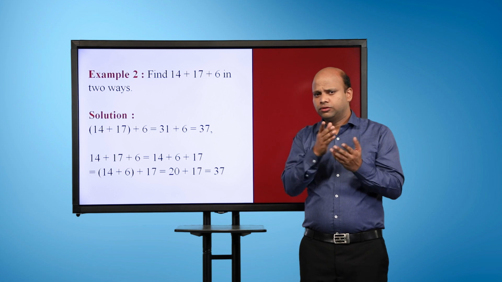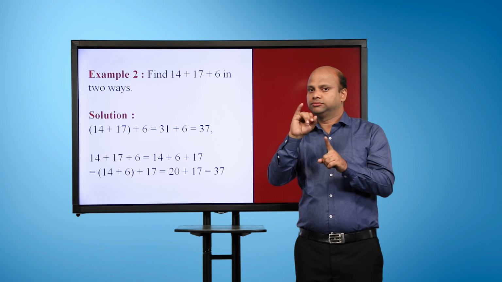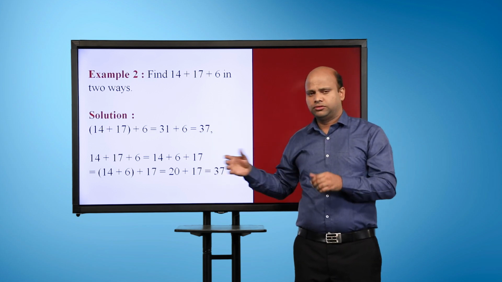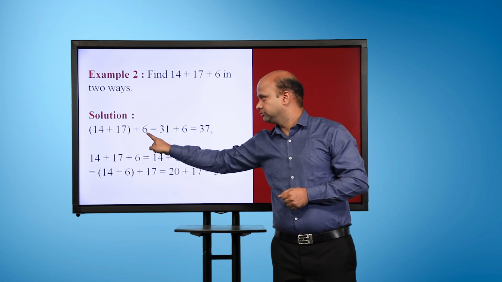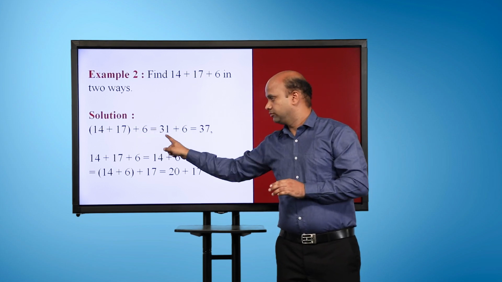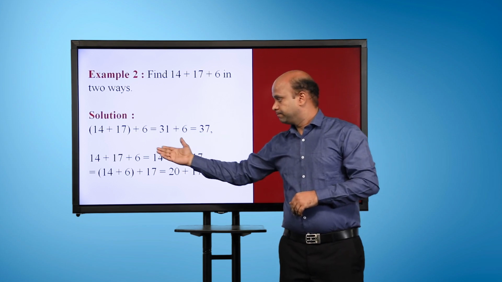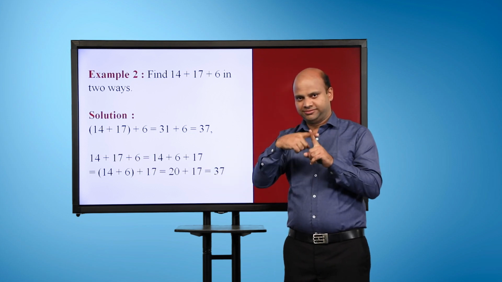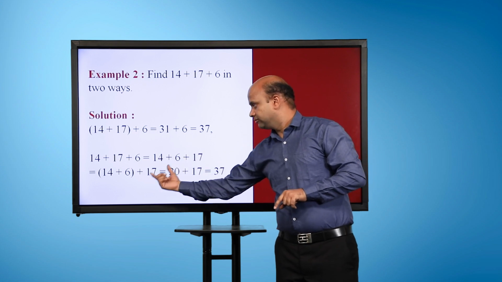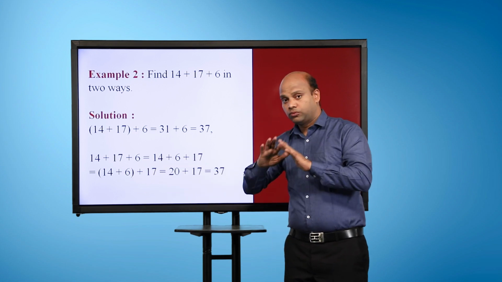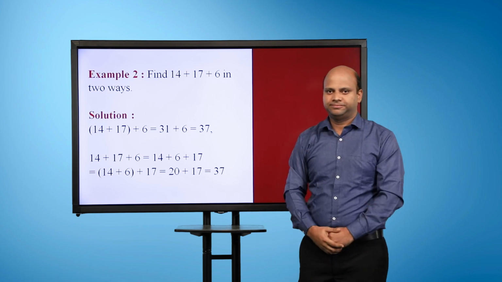Example 2. Find 14 plus 17 plus 6 in 2 ways. Solution. In brackets, 14 plus 17 plus 6 is equal to 31 plus 6, which is equal to 37. 14 plus 17 plus 6 is equal to 14 plus 6 plus 17, which is equal to, in brackets, 14 plus 6 plus 17, which is equal to 20 plus 17, which is equal to 37.